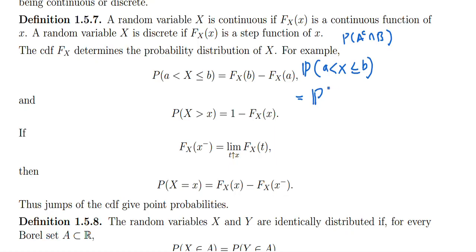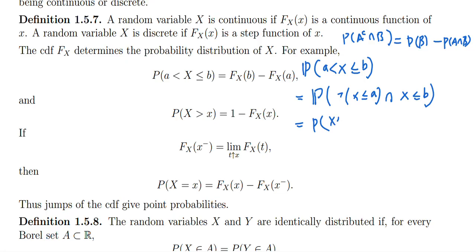probability of the negation of X less or equal to a, and X less or equal to b. The negation of X less or equal to a means X is greater than a, that means a is less than X. So this is technically probability of B minus probability of A intersection B. So this would be probability of X less or equal to b minus probability of X less or equal to a.